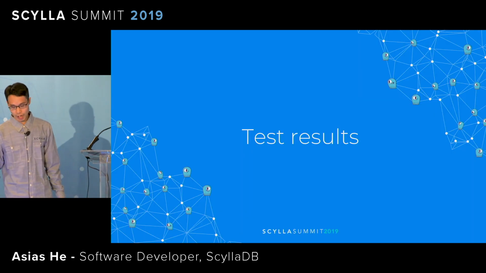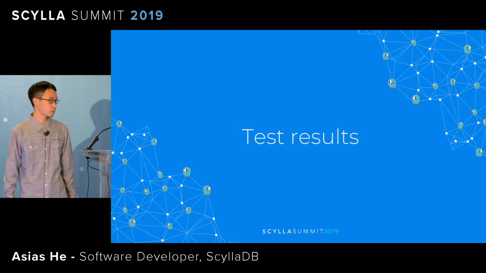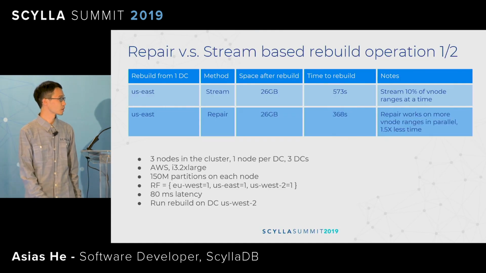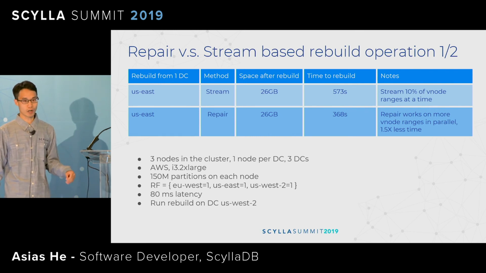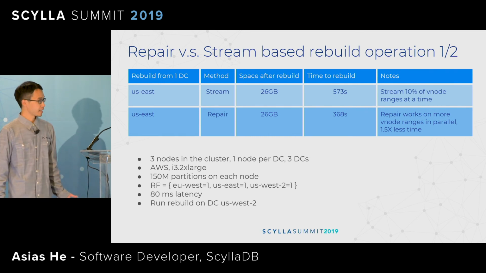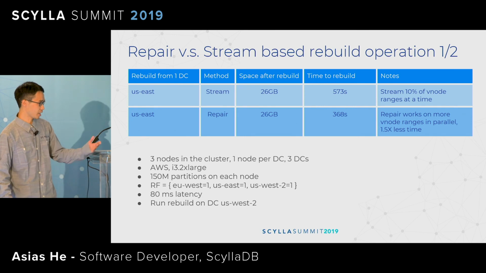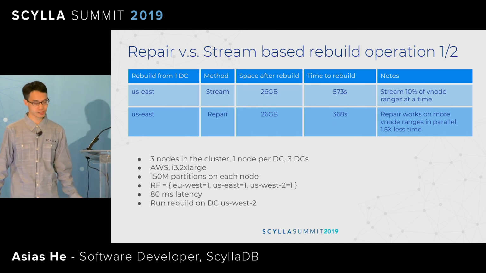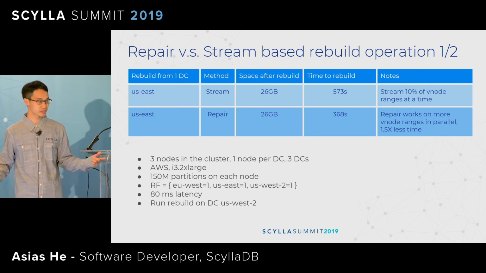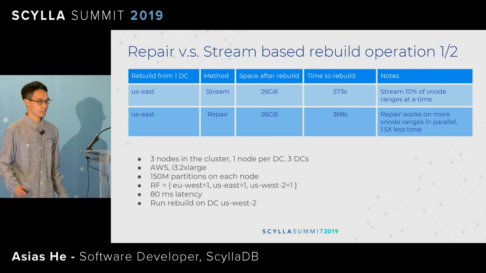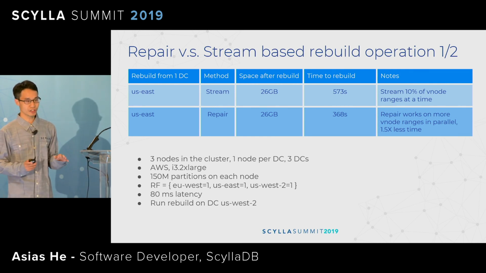Now I would like to show you some of the results. The first test is to rebuild from a single DC. Here we have 3 nodes in this cluster, 1 node per DC, and we have 3 DCs. There is 1 replica in each DC.